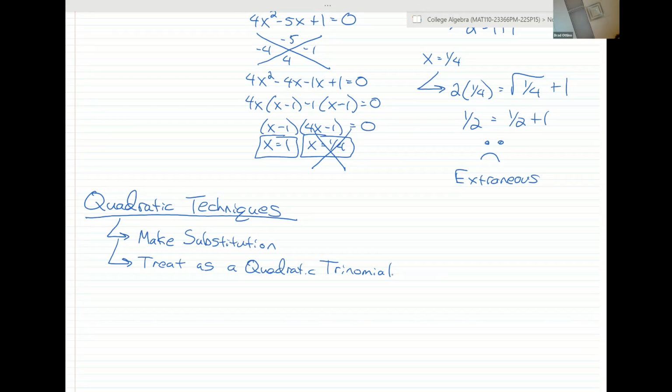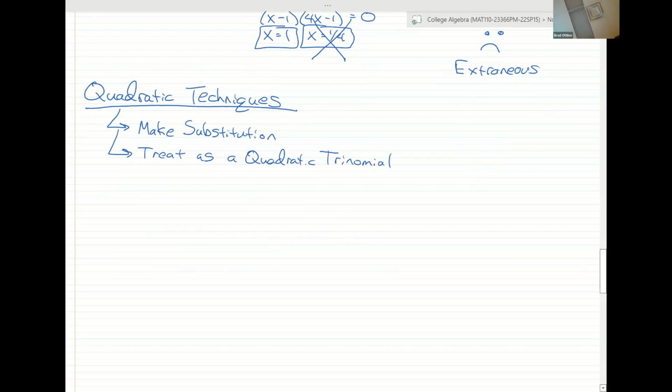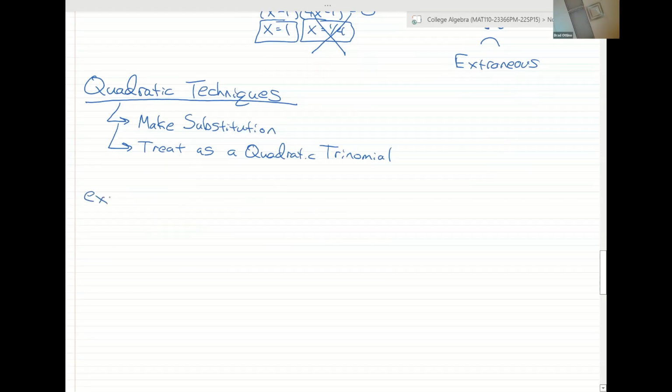I had 4 problems. Let's take a look at this, and I think that'll be good for tonight. The direction is going to be to solve. What if we had 9x to the 4th minus 37x squared plus 4 is equal to 0?